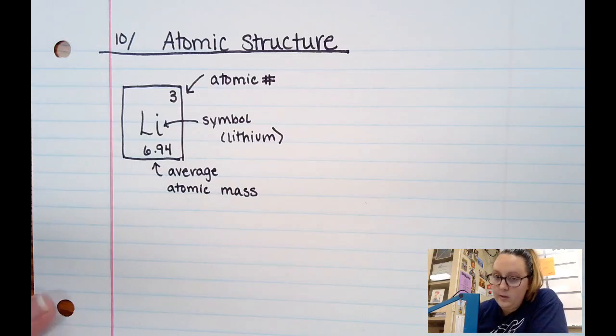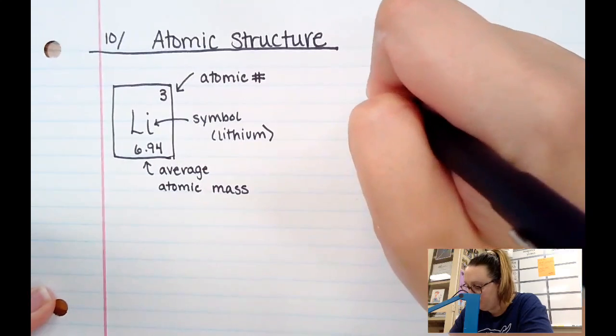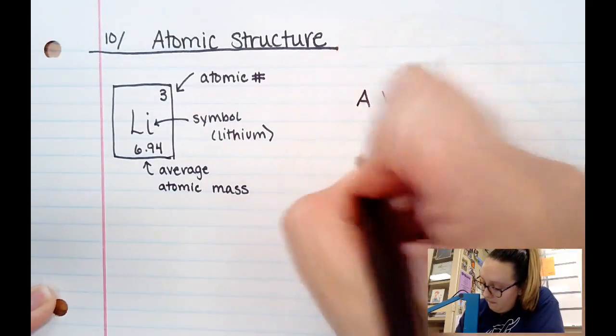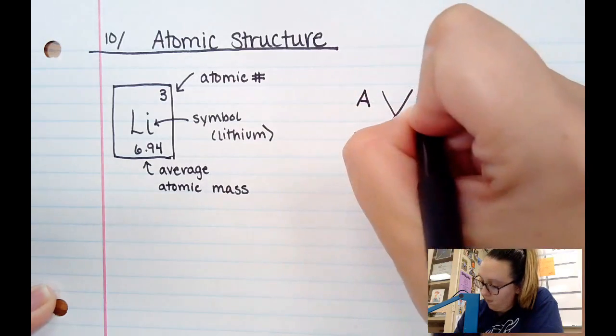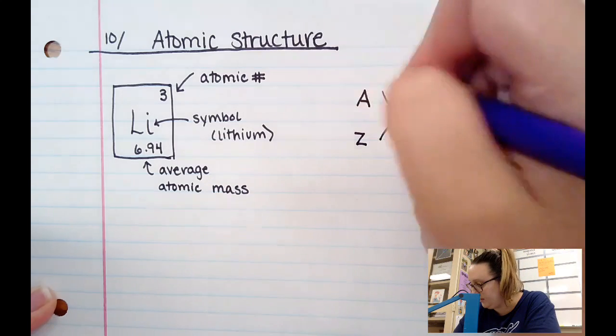All right, so when we write this, and it's not on a periodic table, we'll label this. This is the symbol.